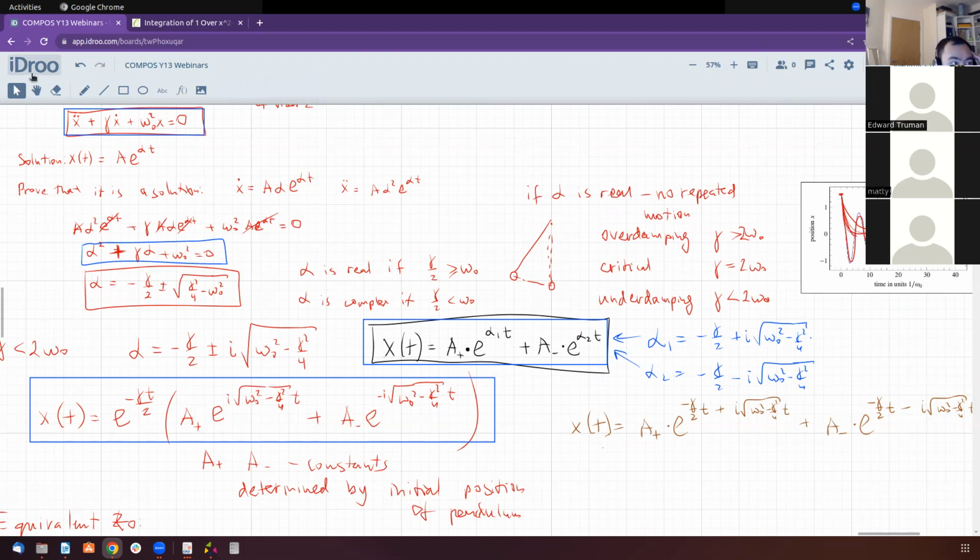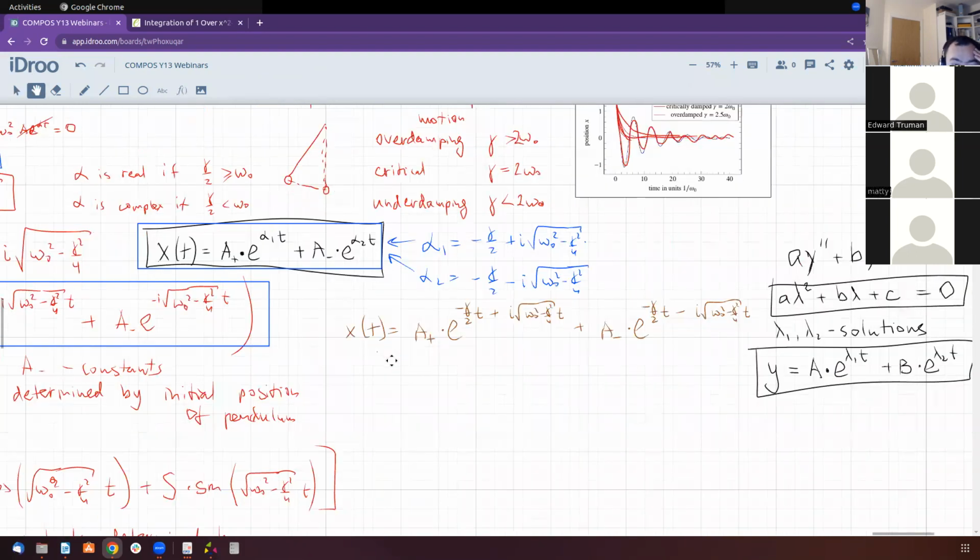And as you can see, they have a common factor here. x of t is equal to e to the minus gamma over 2 t multiplied by, open bracket, a plus e to the i square root of omega 0 squared minus gamma squared over 4 t plus a minus e to the minus i square root of omega 0 squared minus gamma squared over 4 t.